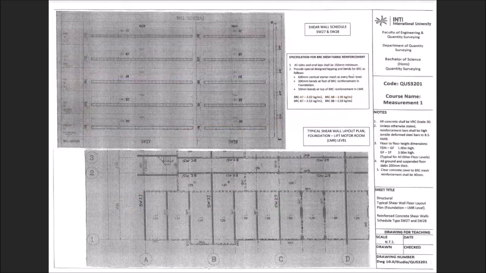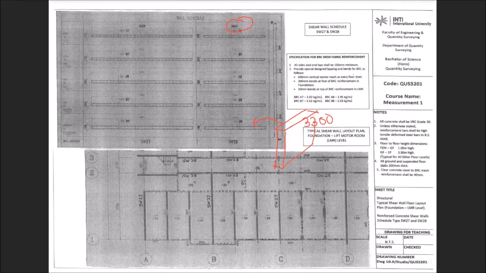Okay, for example, let's say you would like to measure the wall. I change this information to 3D. So you can see the length on plan is given as 3,300. In order for you to get the height, you have to refer to the information in the specification.